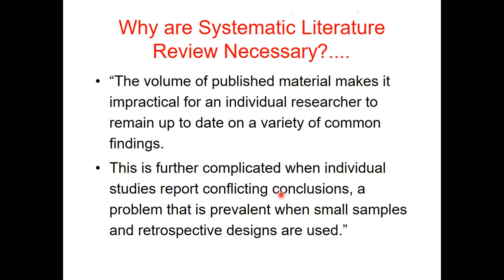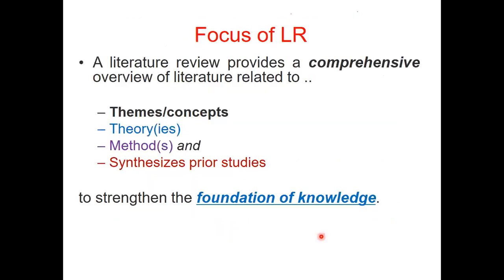So there are also issues with sampling and all these kinds of things will necessitate doing a systematic literature review so that we come up with a unified conclusion on what we are trying to synthesize and study.